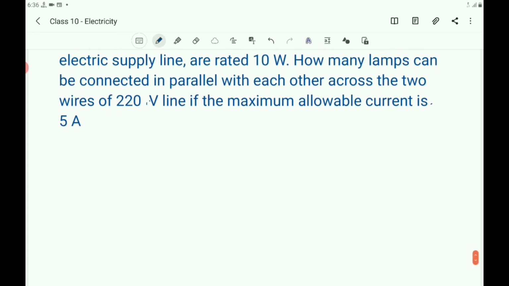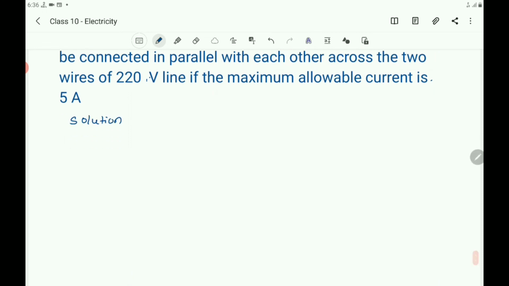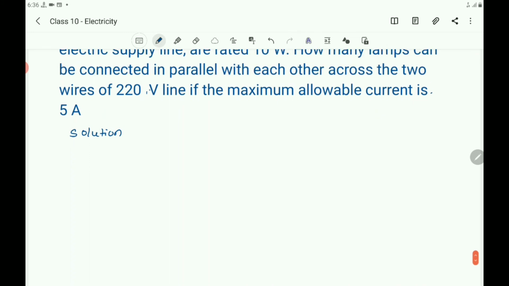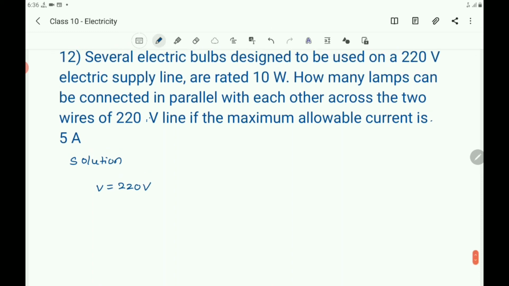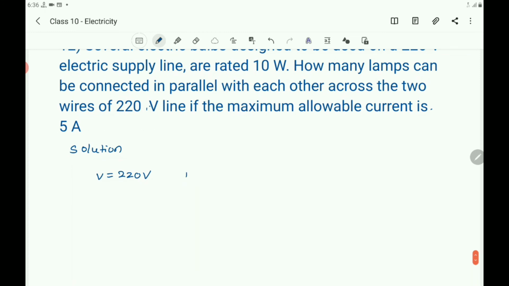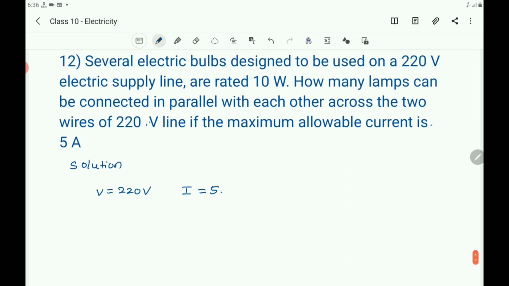Now here you take what is given here. Given that V is 220 volts, and also current is given, that is I, 5 amps, and also power is given. Power of the electric bulb is given, that is 10 watts.